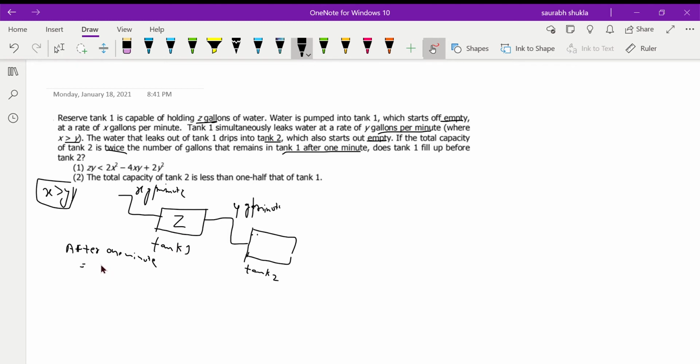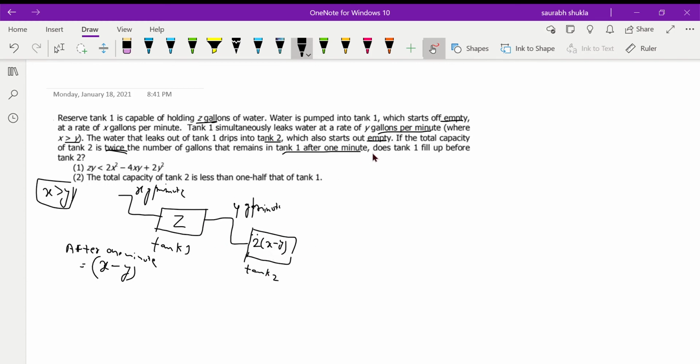After 1 minute, X gallons will be filled and Y will be leaked out, so X minus Y gallons will remain in tank 1. Tank 2's capacity is twice this number, so the capacity is 2 times (X minus Y). Now we have the capacity of tank 2.